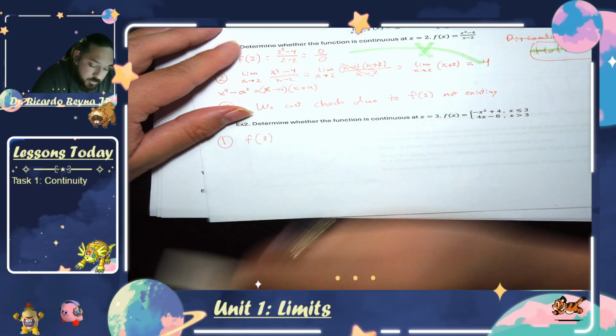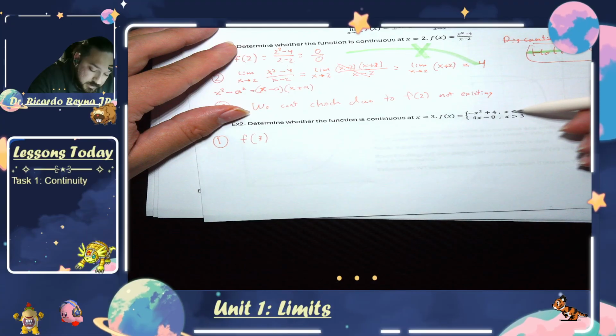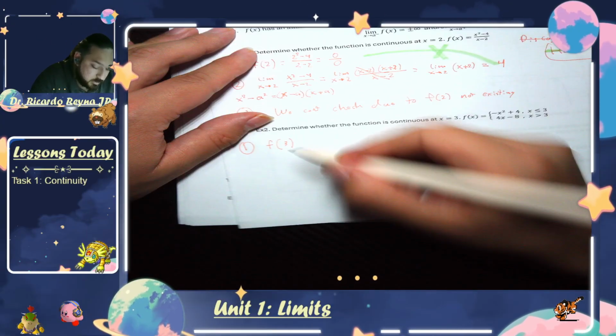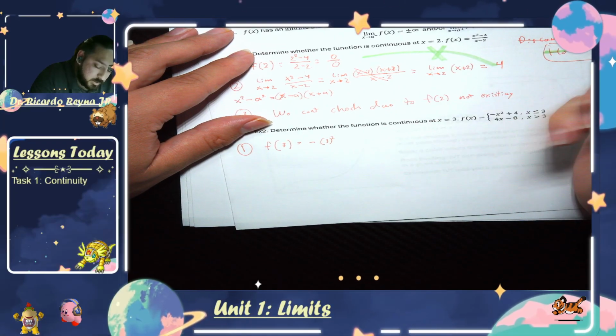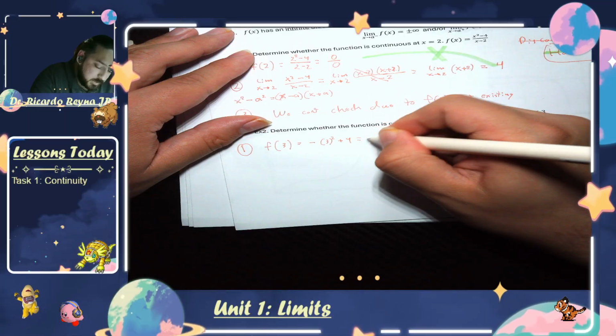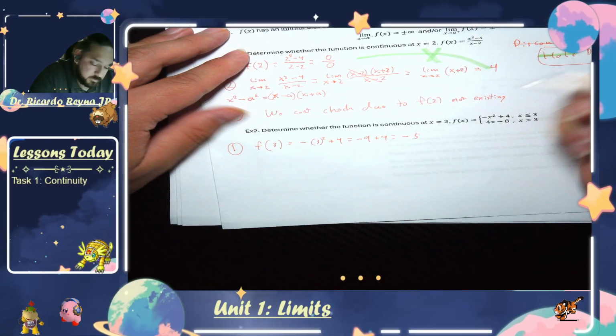F of 3, we use the top guy because it says to use it when x is less than or equal to 3, and x is equal to 3. So negative 3 squared plus 4, that's negative 9 plus 4, which is negative 5.